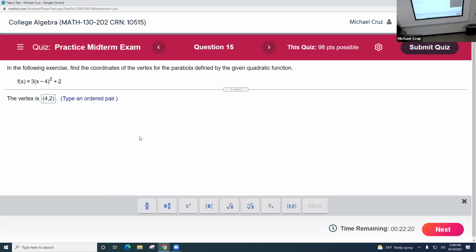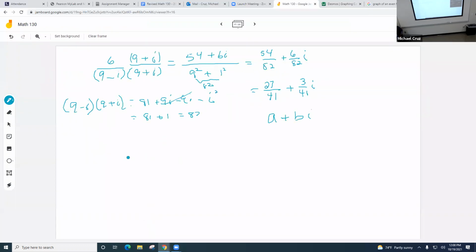If it's in that form right there, it's just a matter of looking and finding it. If it's in this form, like 3x squared plus 5x minus 6, you've got to use the negative b over 2a formula.